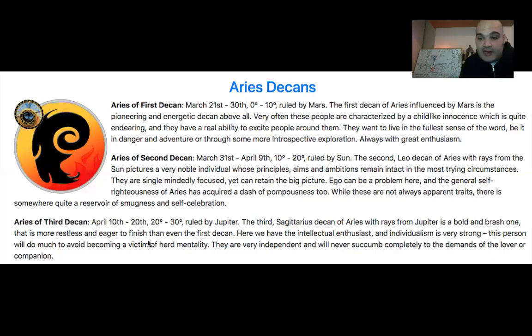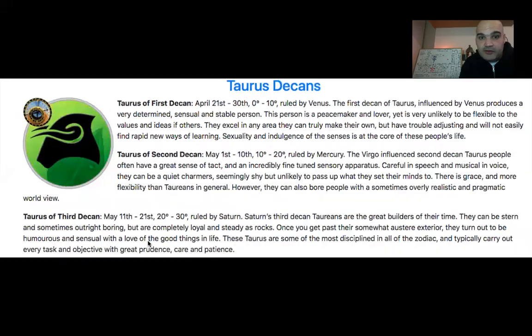So let's move on now to the decans of Taurus. Taurus first decan is from April the 21st to the 30th, from 0 degrees Taurus to 10 degrees Taurus, which is ruled by Venus. So the first decan of Taurus, influenced by Venus, produces a very determined, sensual, and stable person.